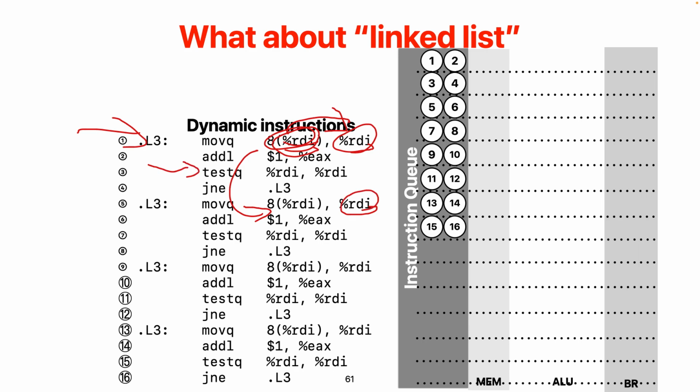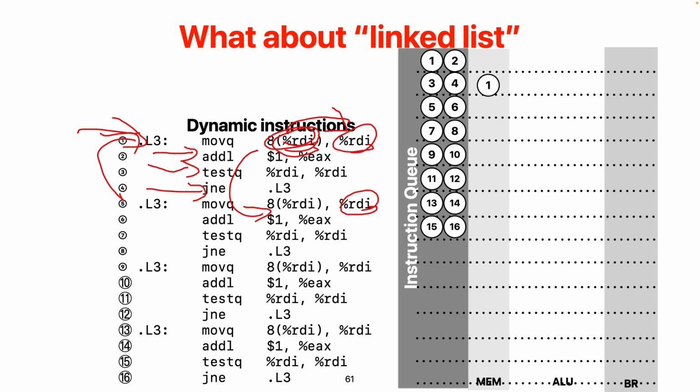And you want to compare if it's null. So you have a test queue here to test if it's 0. If it's not 0, you continue into the loop, and add 1 to EAX, that's the node plus plus, right?